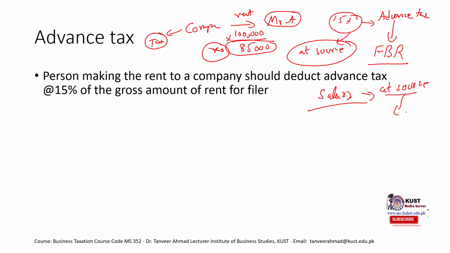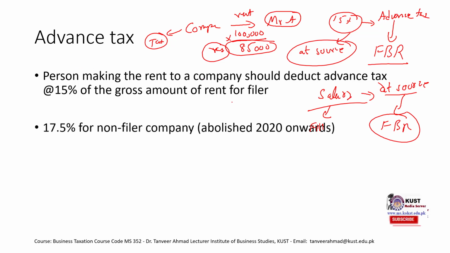Those taxes are then submitted by the company to the tax authorities, and the employee only has to fill the tax form, rather than paying the tax, because the tax had already been paid by the company and deducted at source. Similar is the case with rent. The amount is deducted at source.